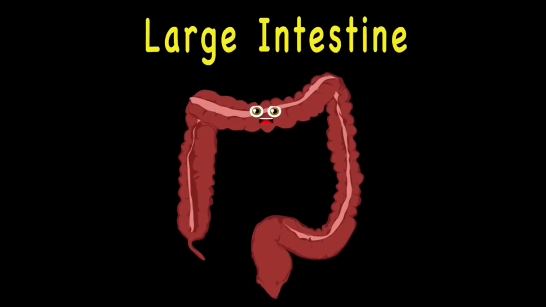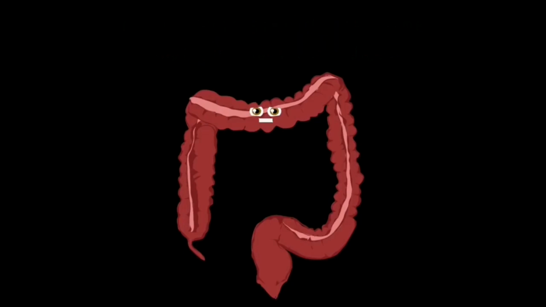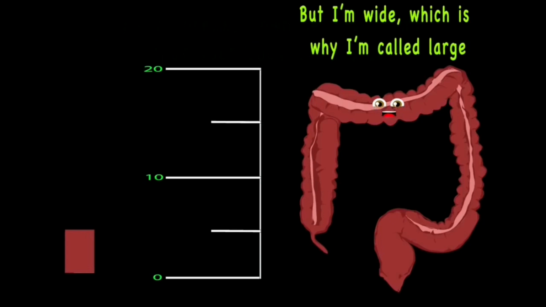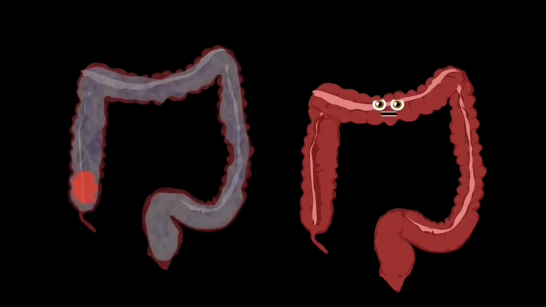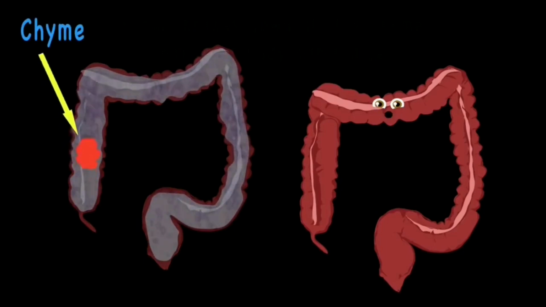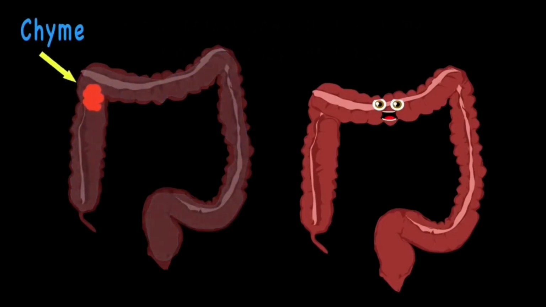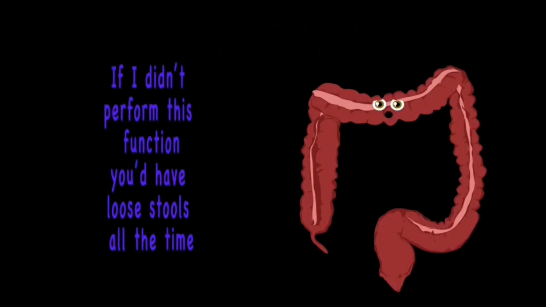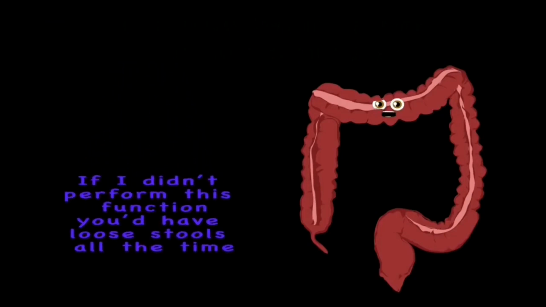I'm called your large intestine due to my expanded walls. Let me tell you how I work and a little bit about me. I'm only 5 feet in length, but I'm wide, which is why I'm called large. My most important job is absorbing water from your chyme. If I didn't perform this function, you'd have loose stools all the time.